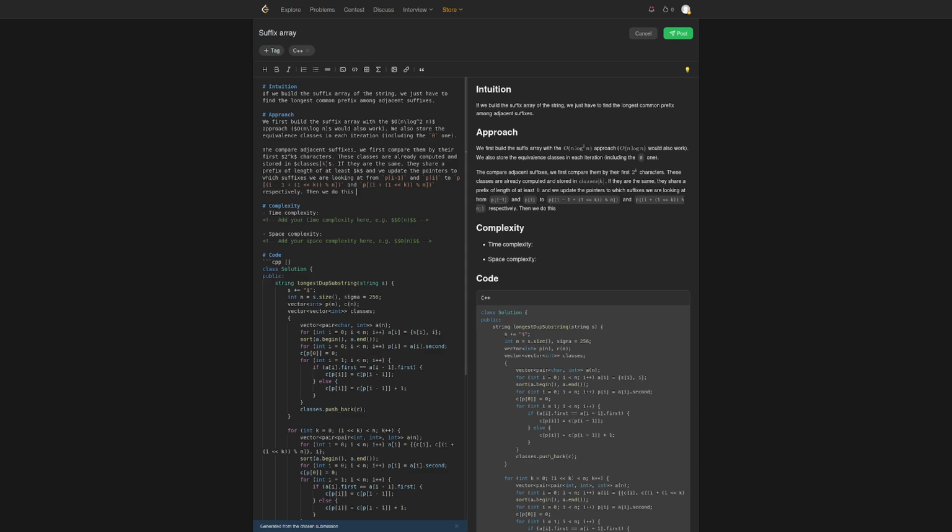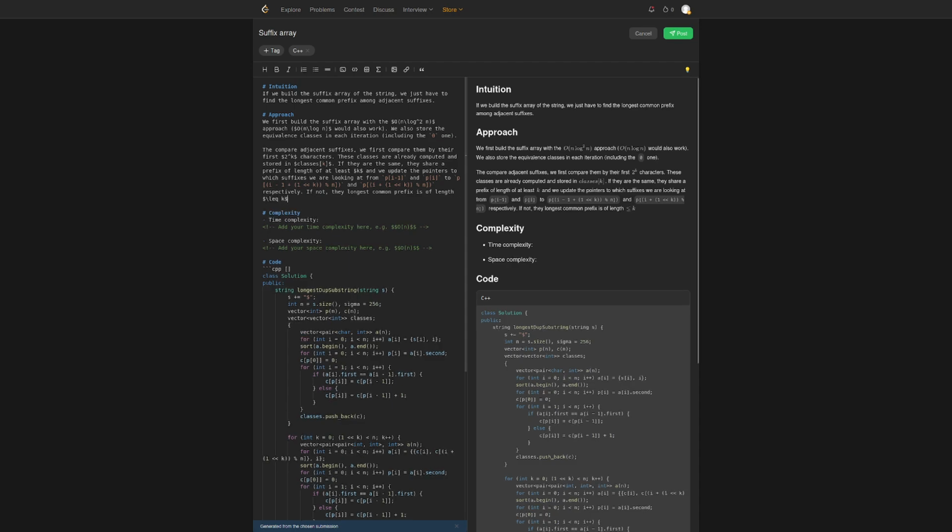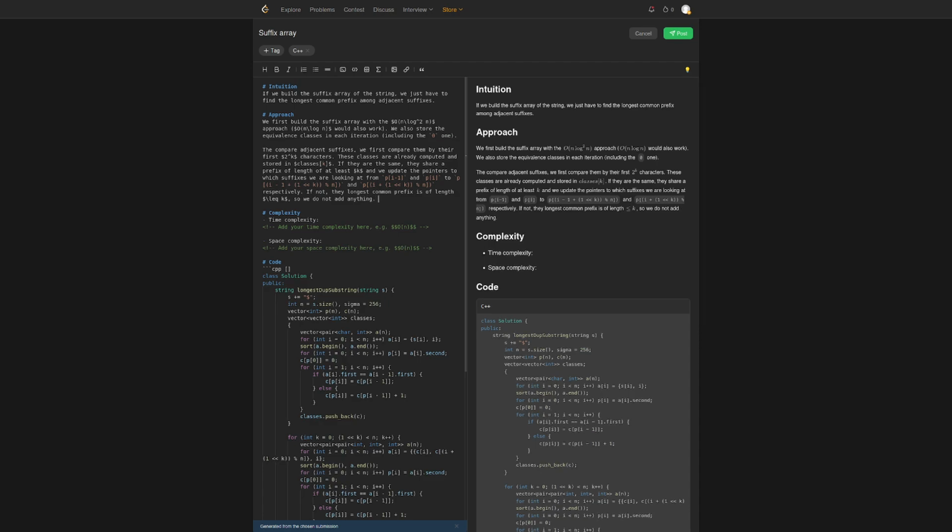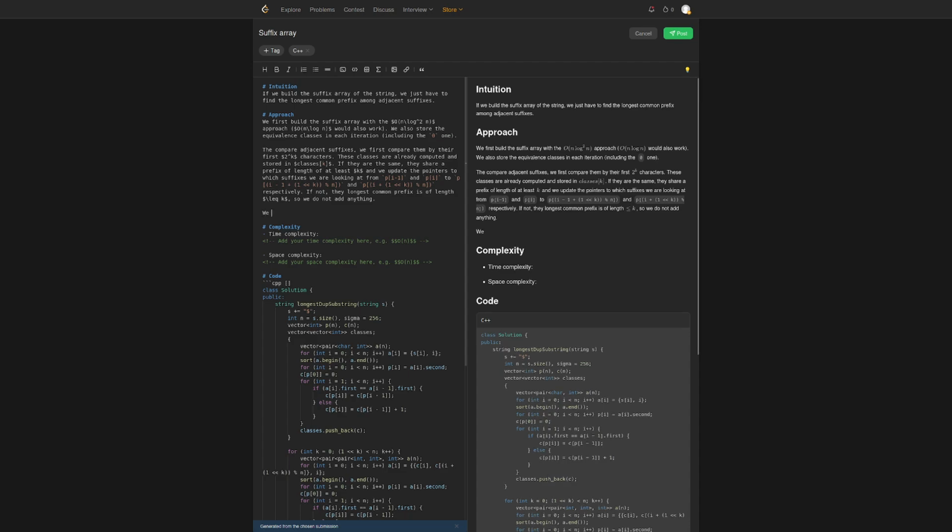Then we do this check. If not, their longest common prefix is of length like the k, so we do not add anything. We do this for all values of k, decreasing to 0.